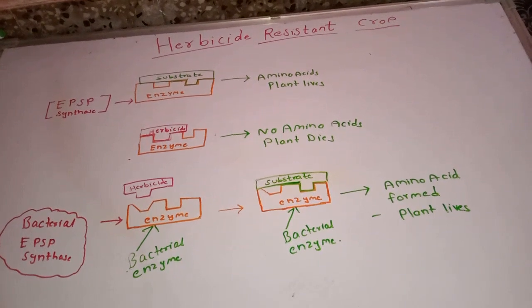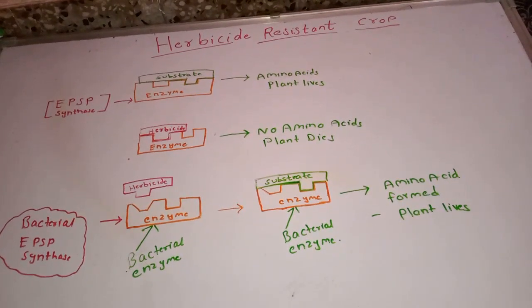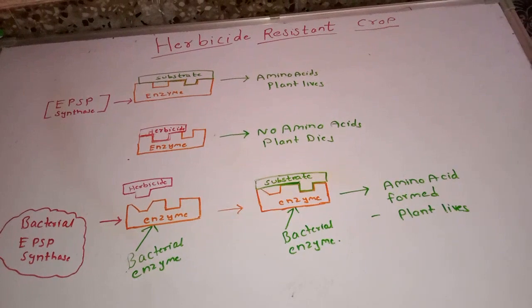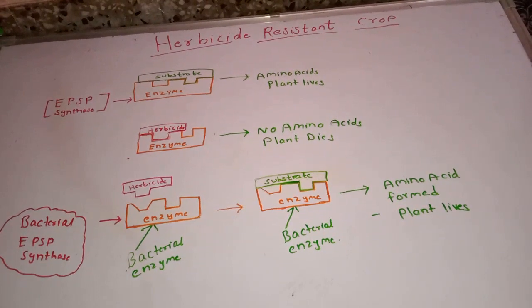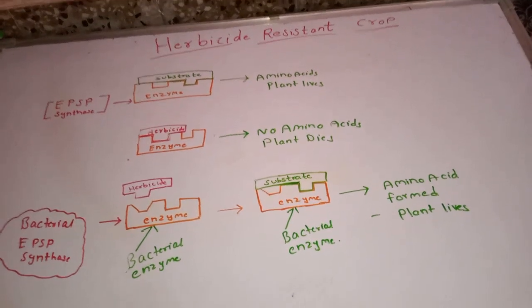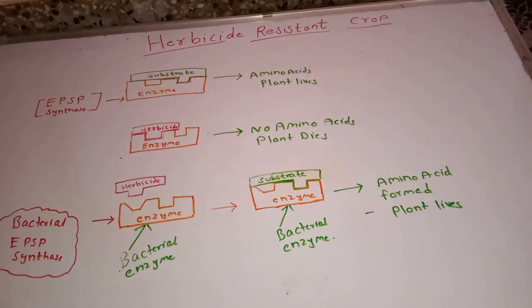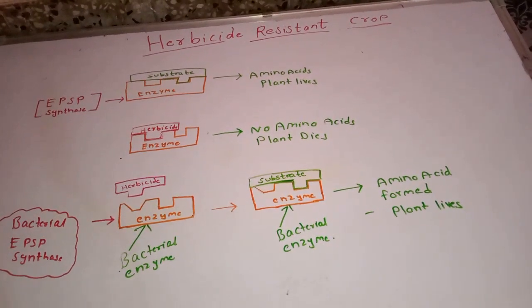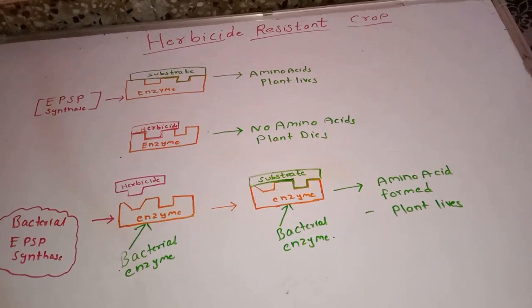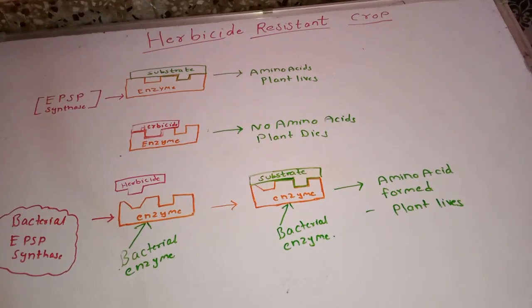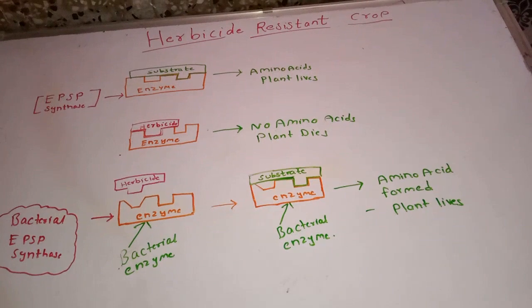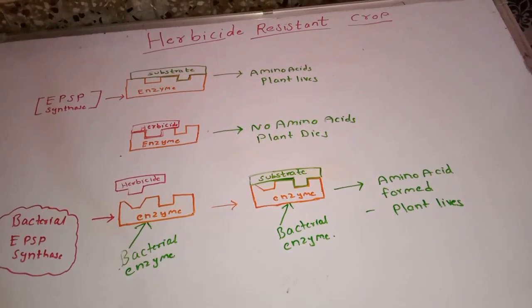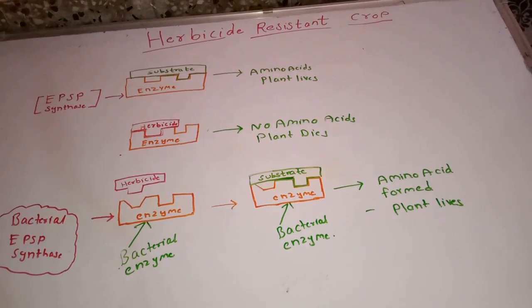In the given diagram you can see the EPSP synthase enzyme and the substrate. When the substrate attaches to the enzyme, essential amino acids are formed and the plant lives. In the second case, the herbicide attaches itself to the enzyme's attachment site instead of the substrate, and there is no room left for the substrate to attach.